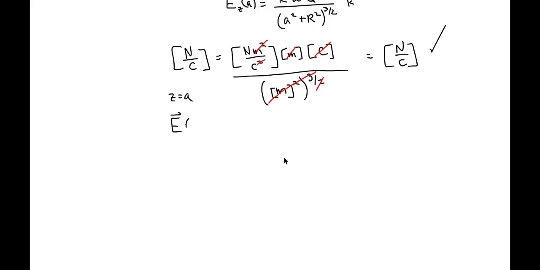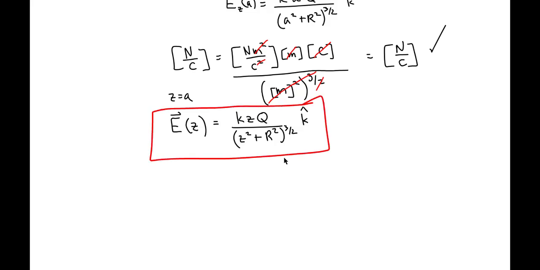So I'm now going to say the electric field as a function of z, and again, we are restricting ourselves to the z-axis, is equal to k z q over a squared plus r squared, and that a is z, so z squared plus r squared to the 3/2 power along the z-axis. This is our answer for the electric field due to this ring of charge.